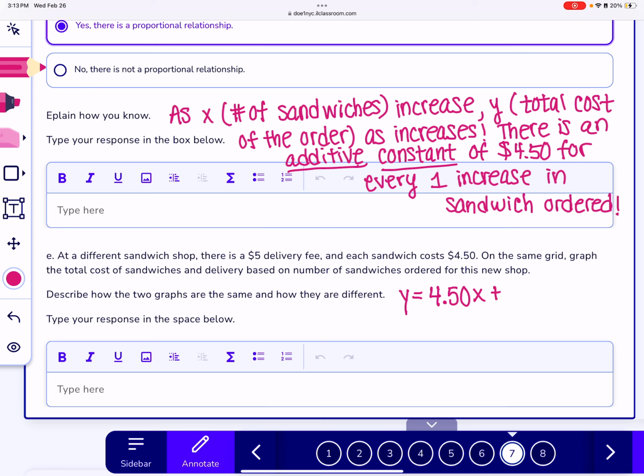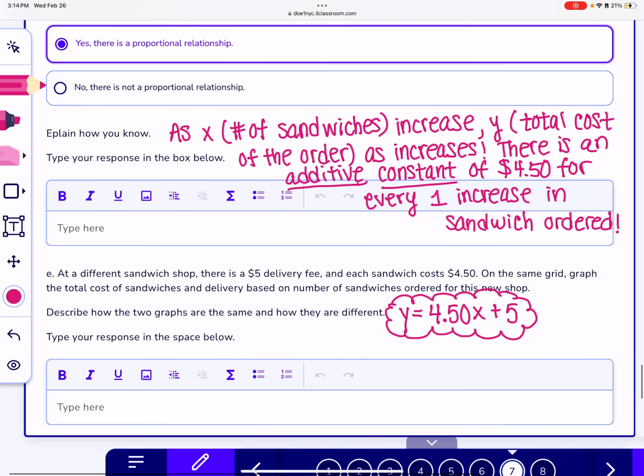And we're going to add the $5 delivery fee to it. So the difference here is that instead of having a $10 delivery fee, it's only going to be a $5 delivery fee. But what's the same is that the slope is still $4.50. They didn't change the price of the sandwich.